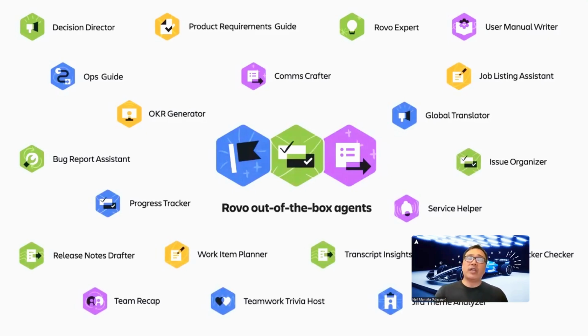When using Rovo, you get over 20 agents that are available to you out of the box that can help you do all sorts of things. And there's also agents that you can find that were built by partners in the ecosystem, and you can find those on the Atlassian Marketplace, which is essentially an app store. These agents help you with common use cases across a variety of organizational needs and industries.